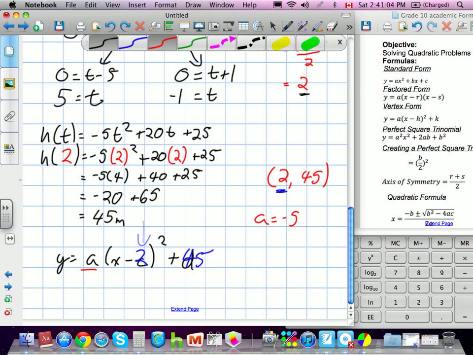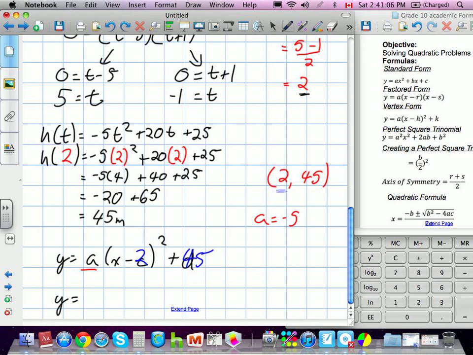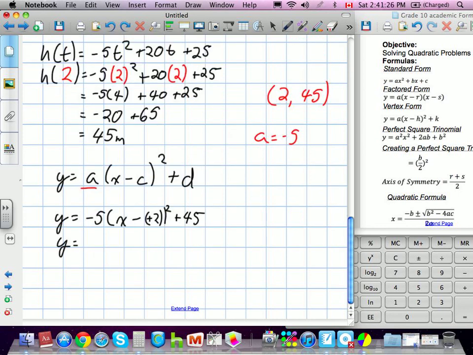So my equation is going to read f of x or y is equal to -5, x plus or minus 2. We're plugging in positive 2. So it would look like this. Yeah, that's right. 45. So we're going to get y is equal to -5(x minus 2) squared plus 45.